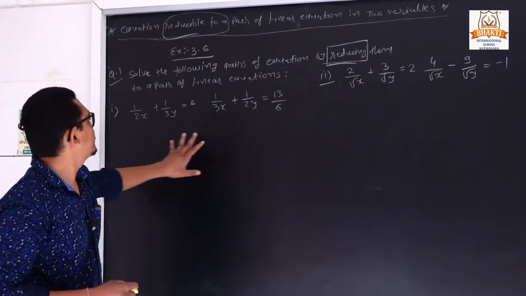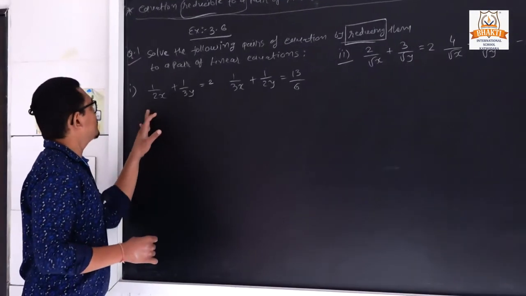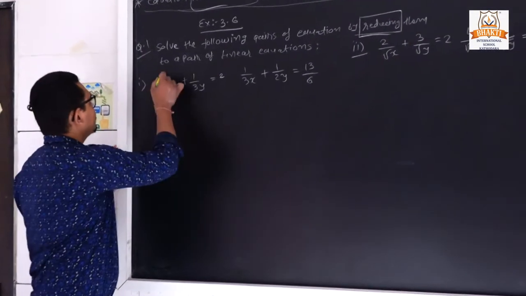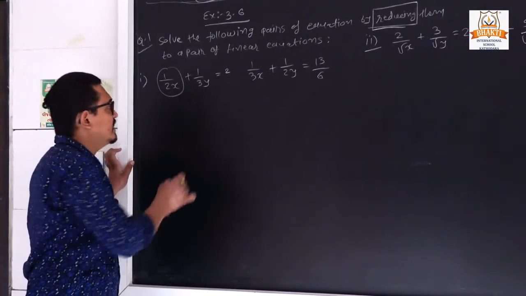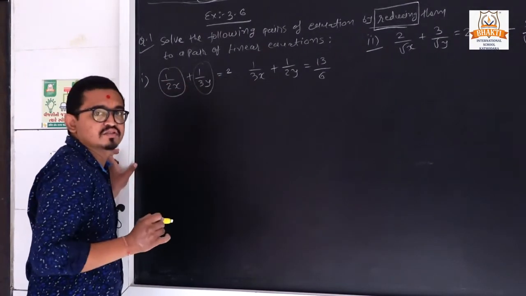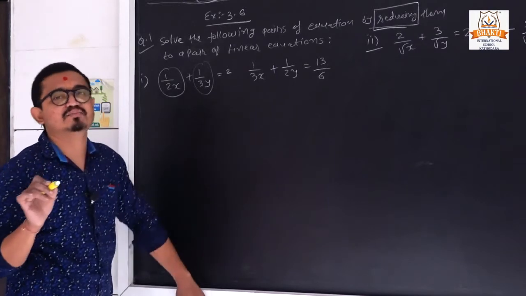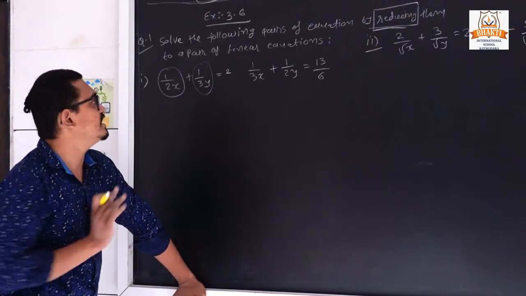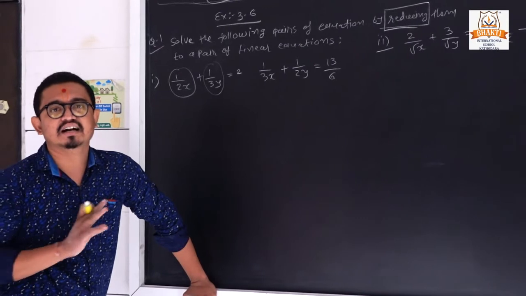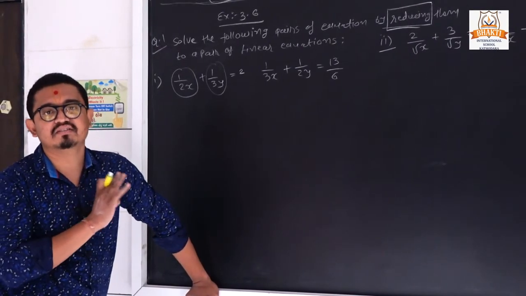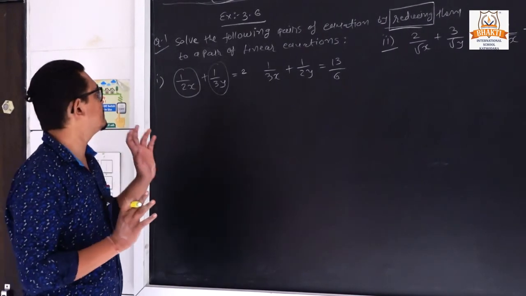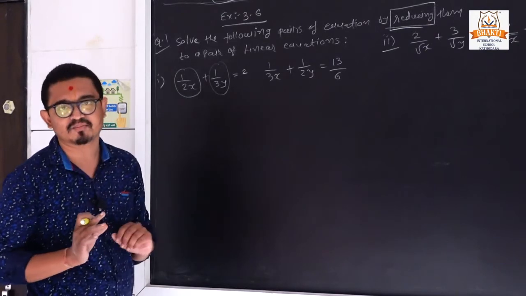So for our question number 1, see that 1 upon x and here once again 1 upon y. Clear? Up to 3.5 we haven't seen this kind of sum. We can't see this type of sum in real situations, but in this exercise we are going to start that kind of sum.